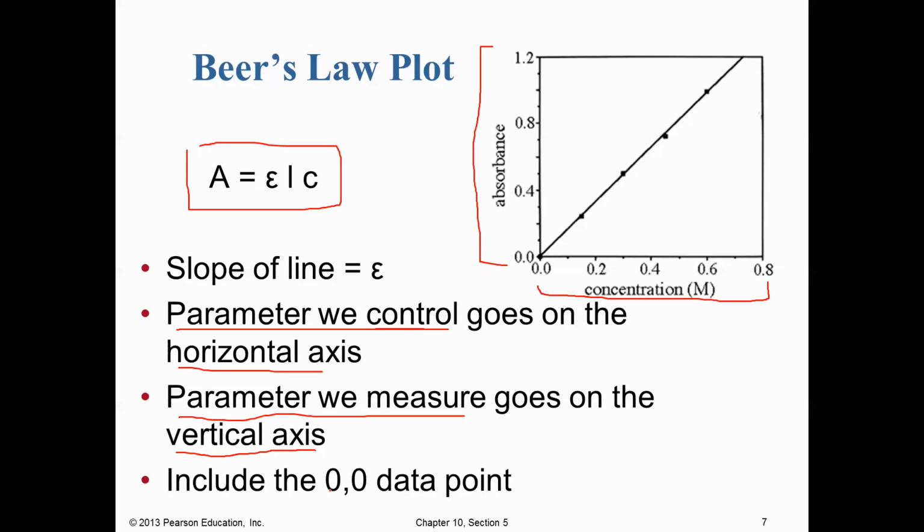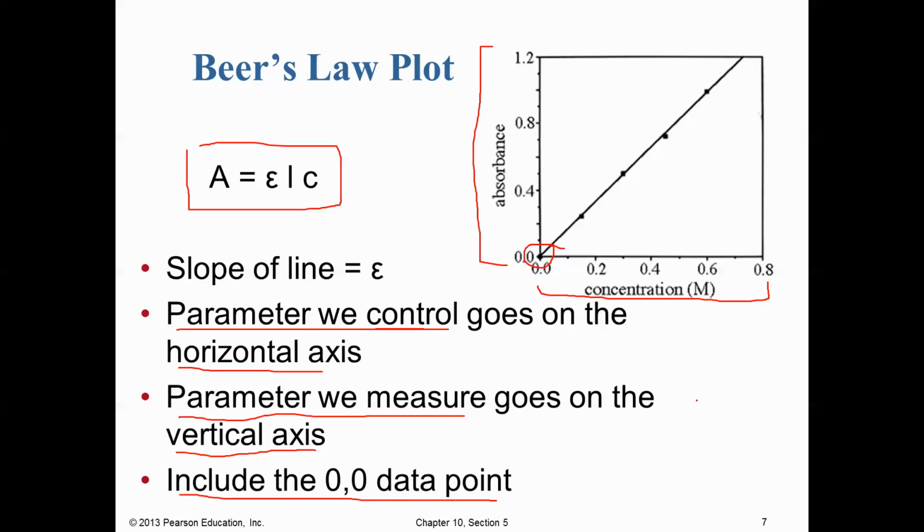Another key item is to notice that there is a 0, 0 point included. At 0 concentration, we're going to have 0 absorbance. This is the value you're going to have essentially when you set your instrument, the 0 point, 100% transmittance, 0 absorbance. A little hard to explain, we don't need to get into it. But essentially, you're going to have an accurate 0, 0 point, so do include that in your graph.